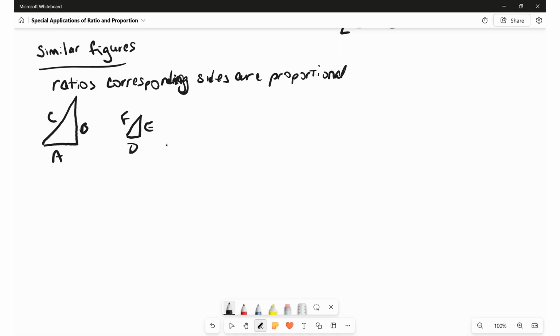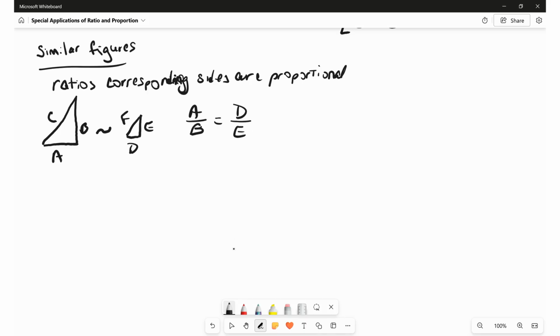So, because we are told that these two triangles are similar, it's the little mathematical symbol for similar, then we can say that the ratio of A over B is the same as the ratio of D over E.